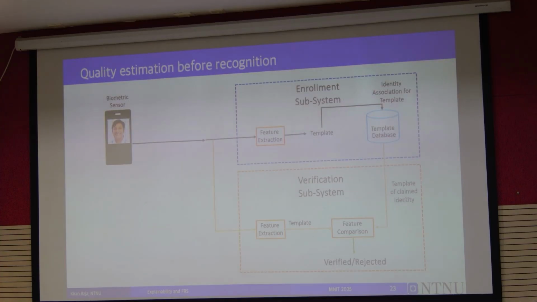So here is typically how your system is designed. You have a face image, and you want to put it into the system, and while you are doing this, you want to estimate the quality. If the quality is not of a good value, then you would want to say, you know what, try to recapture the image again. This is to ensure that there is a minimum quality that gets into the system.